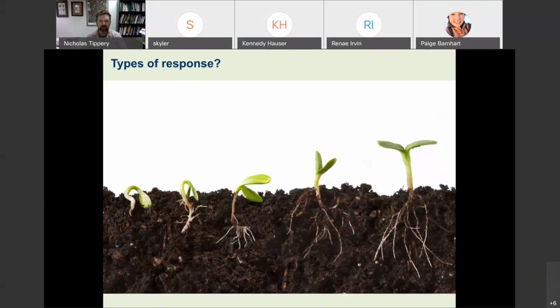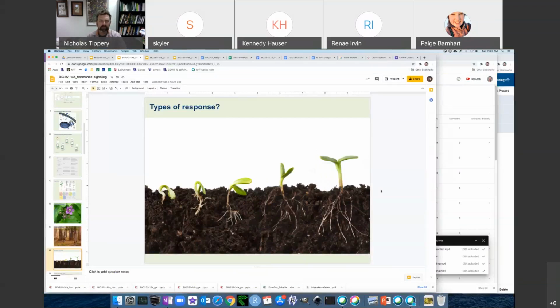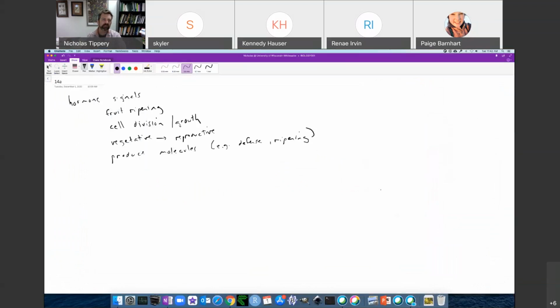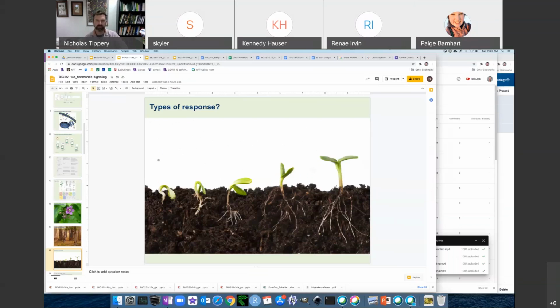Okay, so I think we maybe covered these types of response. So cells that divide, grow. I mentioned cell death is an option. Seed germination as suggested here.